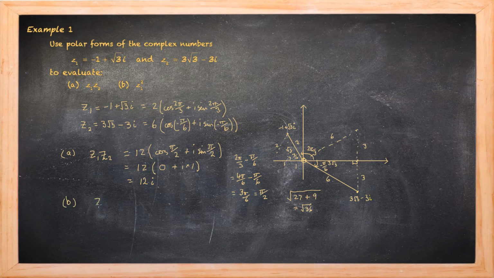Let's try to do B, z1 squared. So we have to take 2 cos 2 pi upon 3 plus i sine 2 pi upon 3 and multiply it by itself. Now I'm writing it out in full so that we can see exactly what we're doing here.